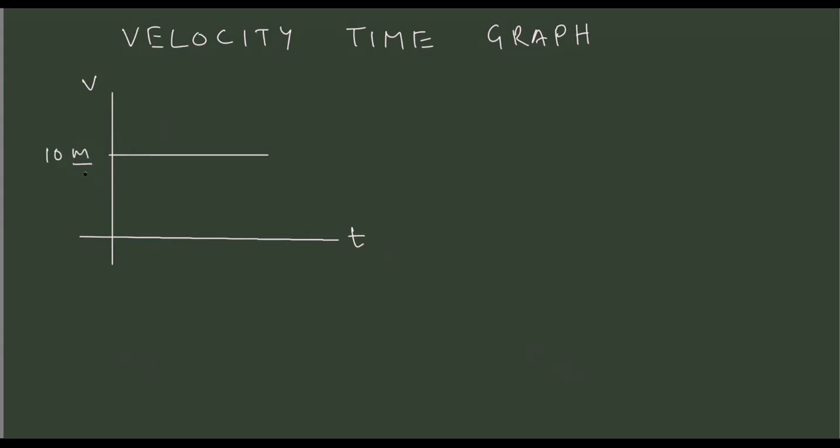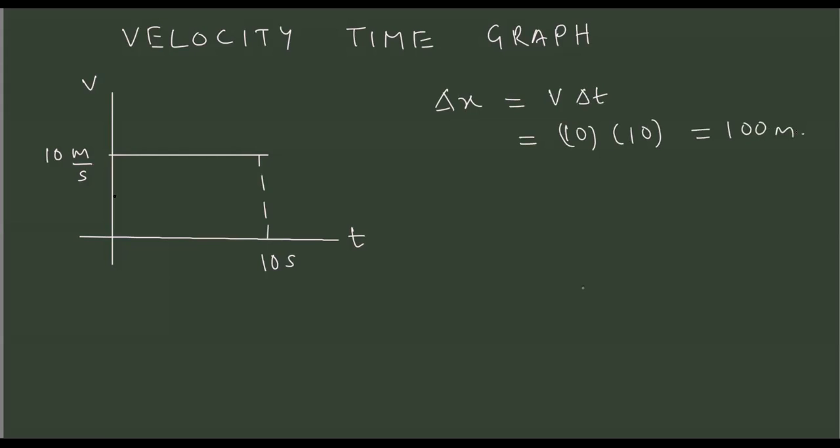If I wait for 10 seconds, I know the displacement for the particle moving along a straight line will be simply the constant velocity times the time taken. Velocity is not changing, so here we just say 10 into 10, the displacement will be 100 meters in 10 seconds.